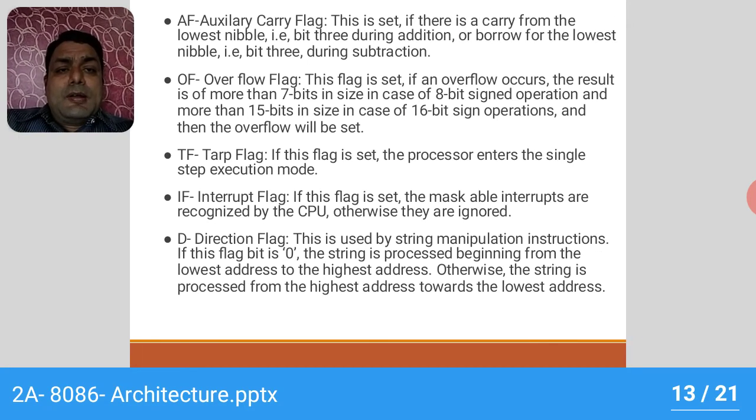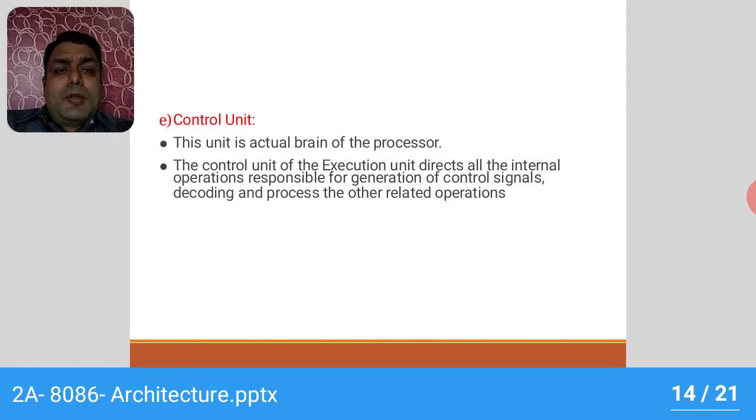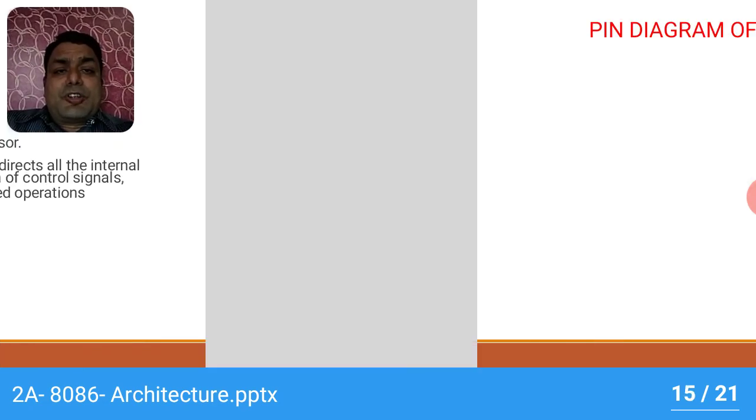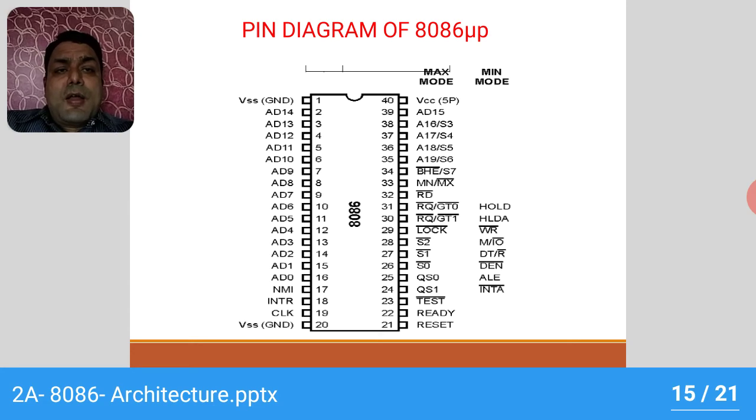Then you have the control unit. It is the actual brain of the microprocessor. The control unit of the execution unit directs all internal operations, and is responsible for generation of control signals, decoding and other related operations. So this is the pin diagram of the 8086 microprocessor.